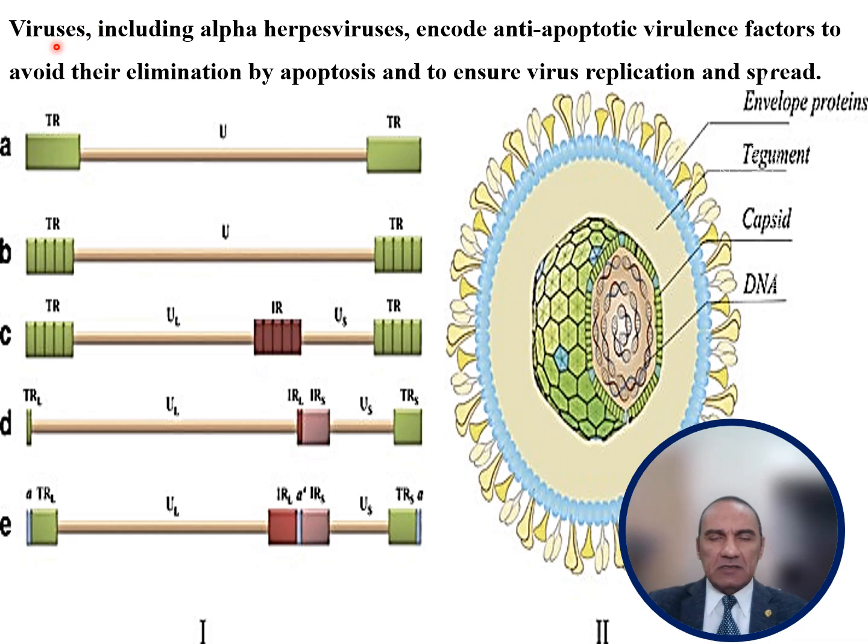All the viruses, including the alpha herpes viruses, encode anti-apoptotic virulence factors to avoid their elimination and apoptosis and ensure virus replication and spread. This helps their continuity in nature.